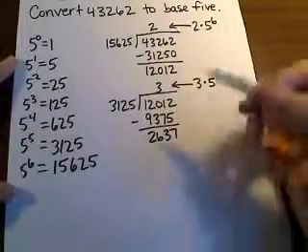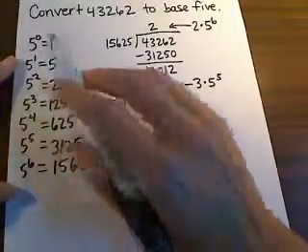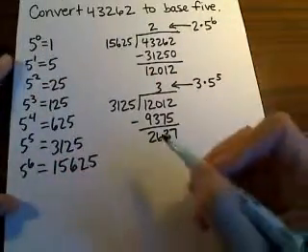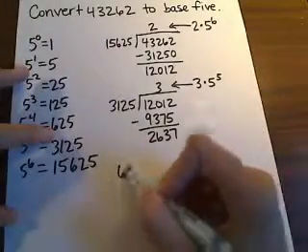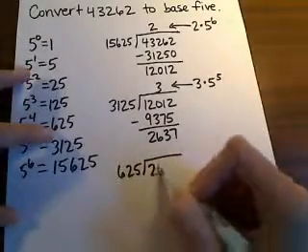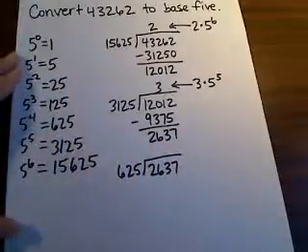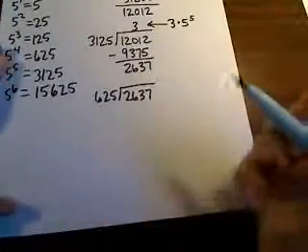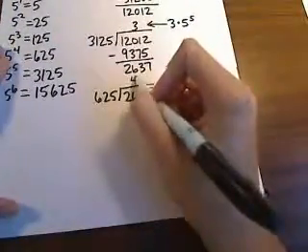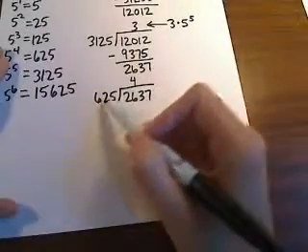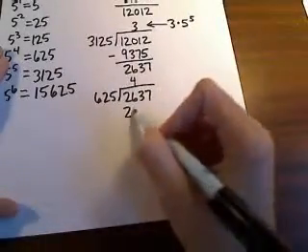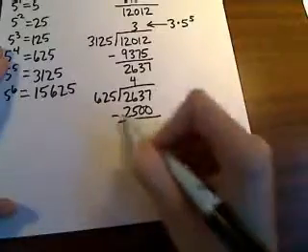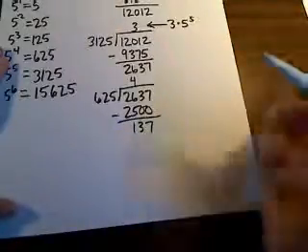Okay, and I'm going to keep doing this process until I get down to 5 to the 0 power. Okay, so let's go down to 625 and take that into 2637. Okay, that's going to go in evenly 4 times, and 4 times the 625 is 2500. Subtract and you get 137.